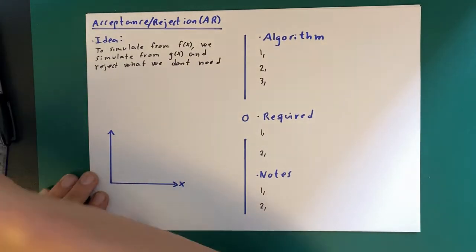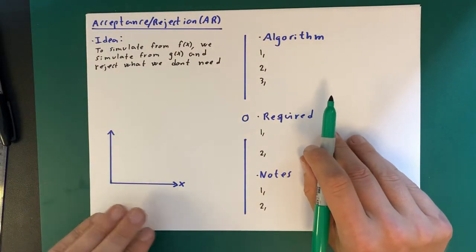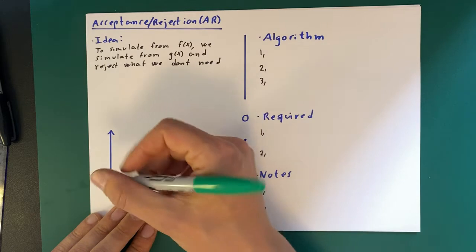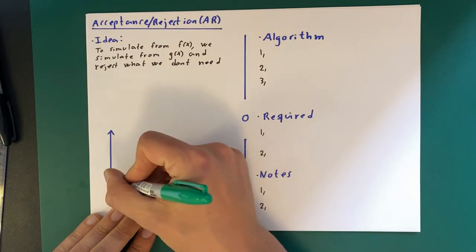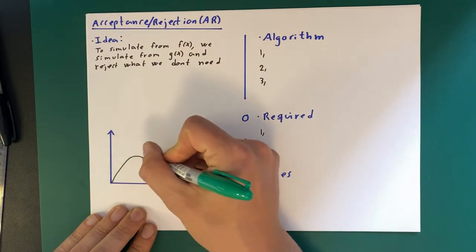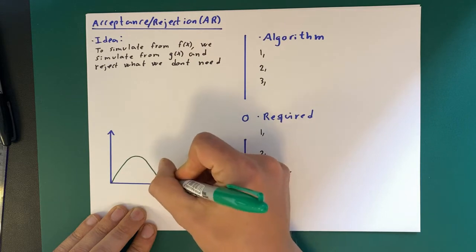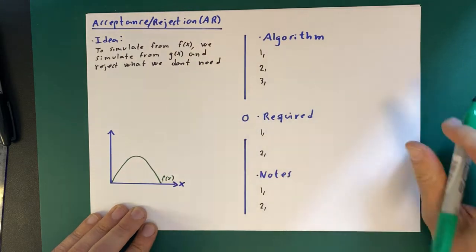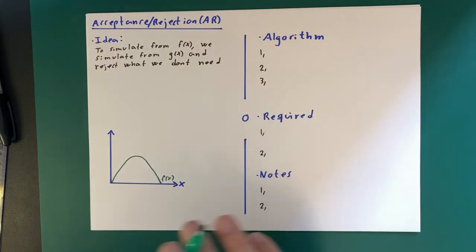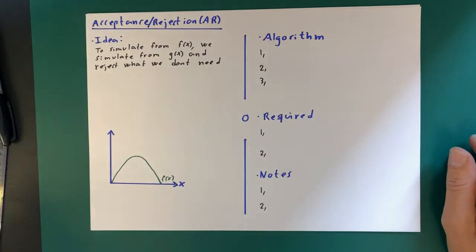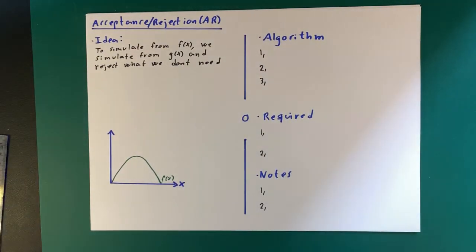What I mean by that is that if we imagine that f of x is looking something like this. This is the distribution we want to simulate from, but we can't, or it's slow with some of the other methods.